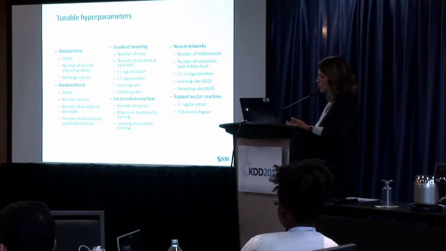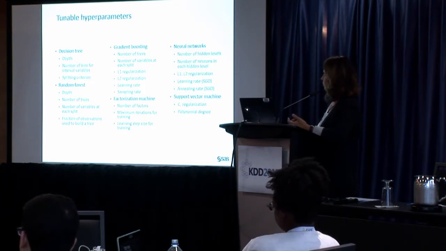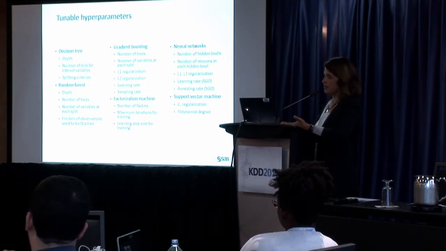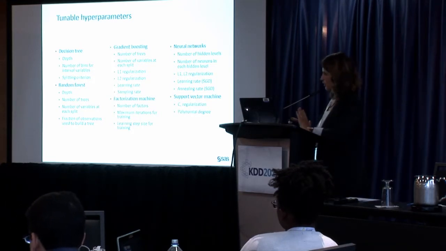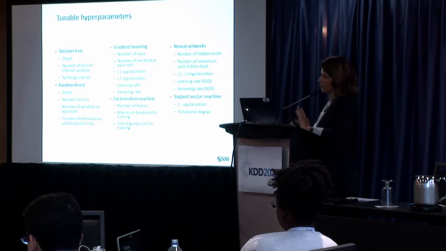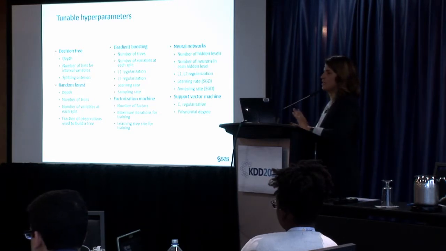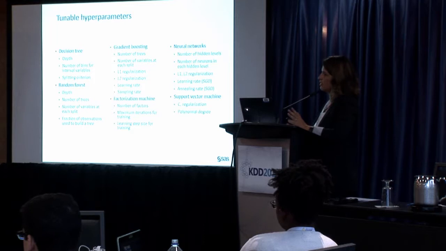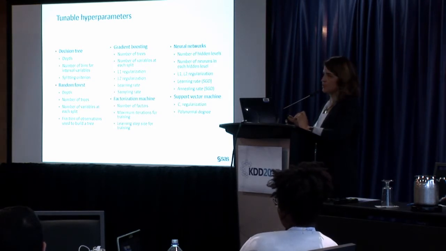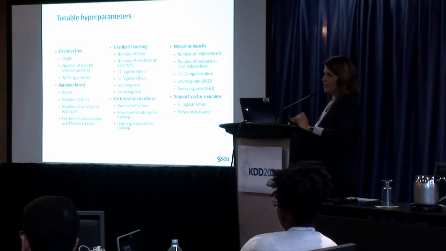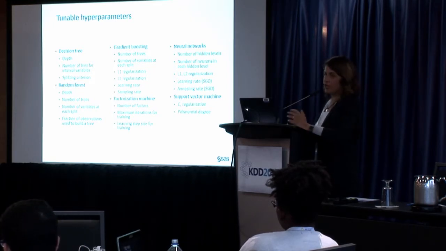For example, if you are fitting a neural network model from scratch, you really need to decide the architecture of your model, how many layers it will have, how many neurons on each level and such. Also, you need to decide the stochastic gradient descent parameters, such as learning rate and annealing rate. And if you have regularization, what would be the regularization parameters?